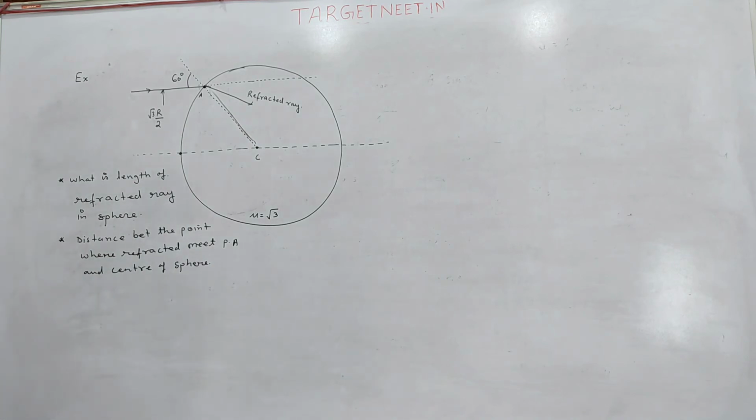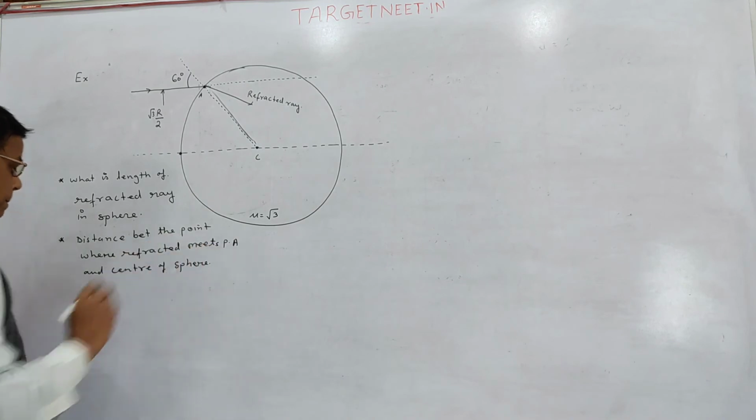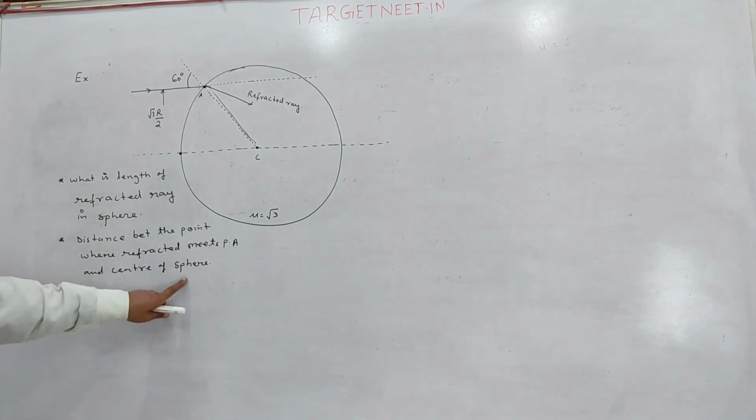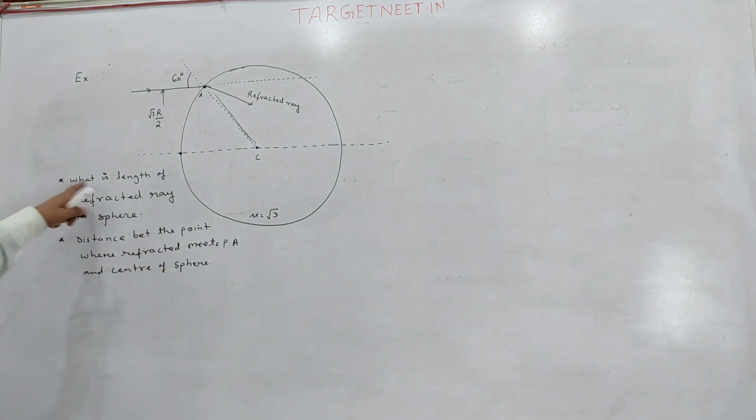Distance between the point where the refracted ray meets the principal axis and the center of the sphere, this we have to find. And what is the length of the refracted ray in the sphere, that we have to find.